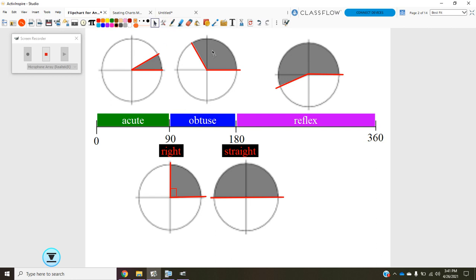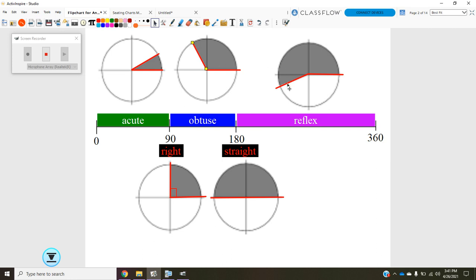An obtuse angle is this circle up here, and it's anything bigger than 90 but smaller than 180. So when we're opening the door, we're opening it past 90 degrees, anywhere past 90 but just before you hit 180 would be an obtuse angle.